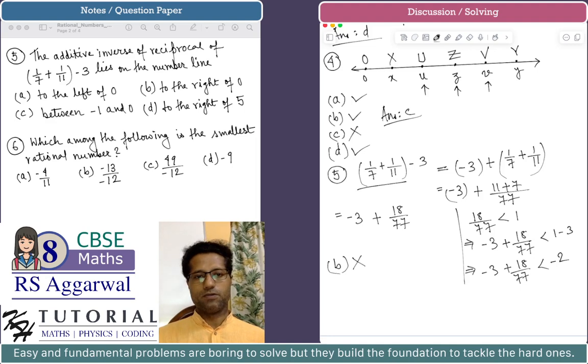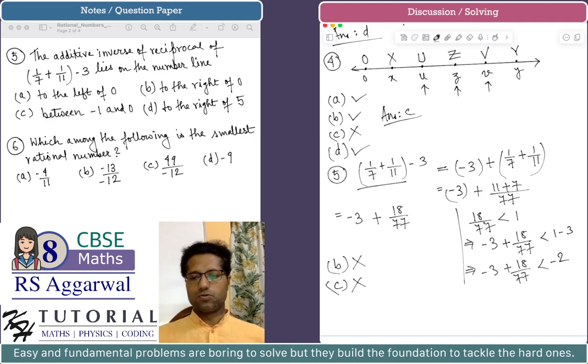Between minus 1 and 0, this is also not correct because we have already expressed the rational number as minus 3 plus 18 by 77, and 18 by 77 is less than 1, so minus 3 plus 18 by 77 is less than minus 2.